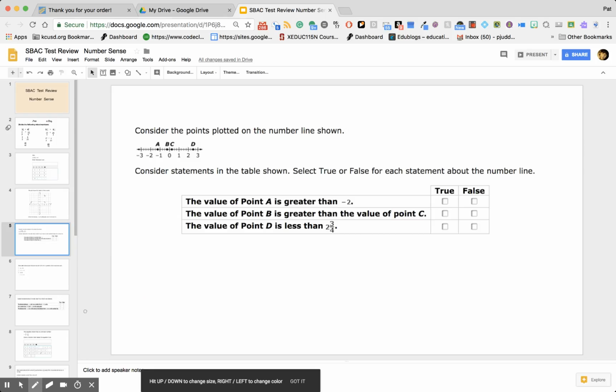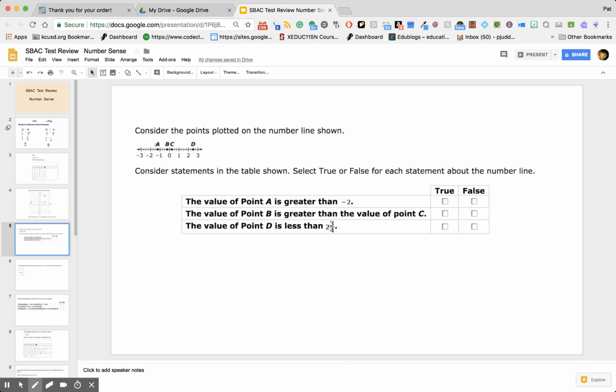Okay, so now the value of point A is greater than -2. Here's -2. Greater than. Well, remember we talked about negative numbers. The further away you get from 0, the less value your integer or your negative number has.